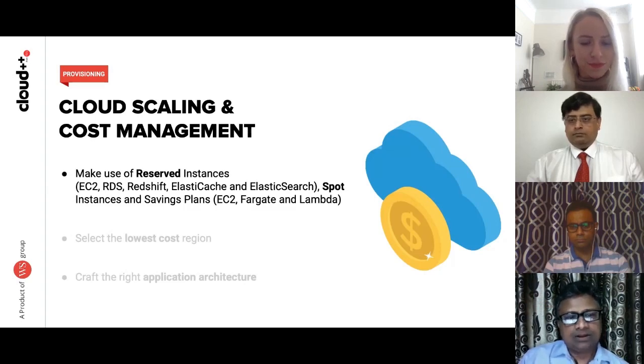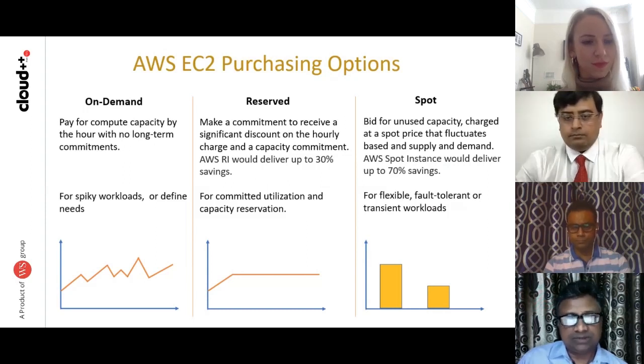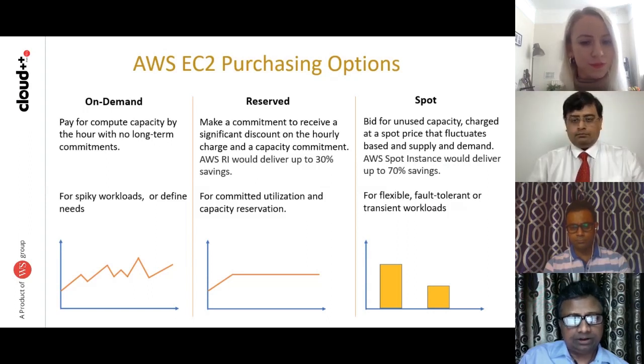In this scenario, you commit to consume a definite amount of resources over a long period of time, and in turn get discounts. The amount of discount depends on how much you commit in terms of volume and the period, of course, and also how much you are paying upfront and how much you are paying monthly.